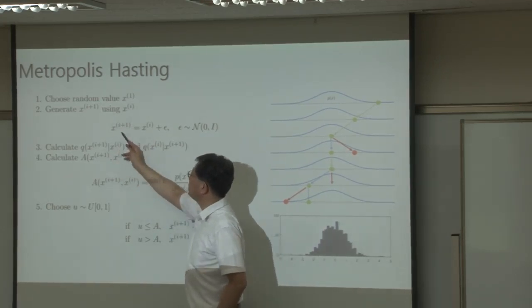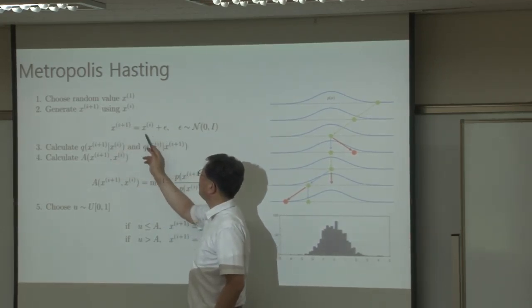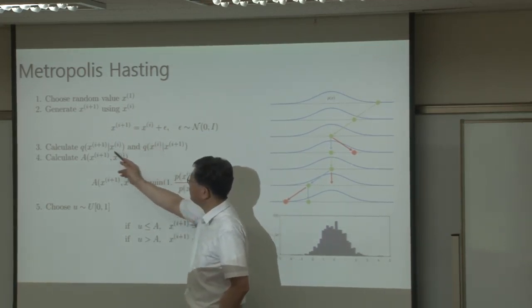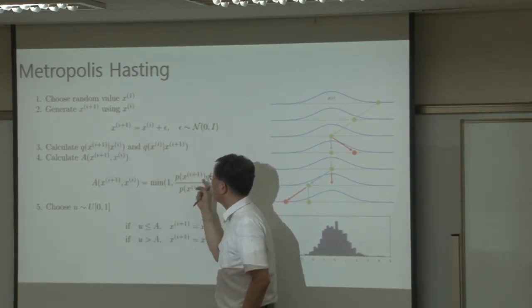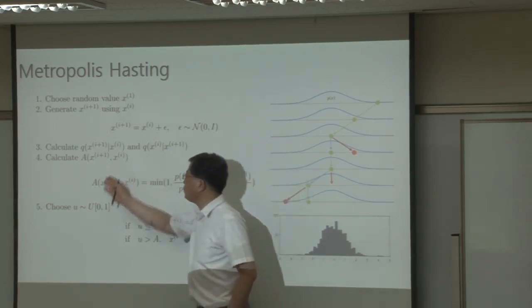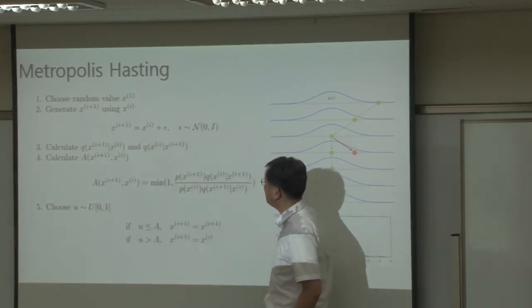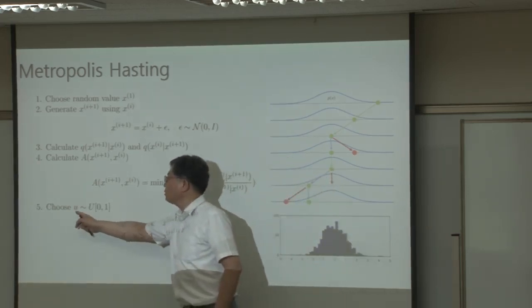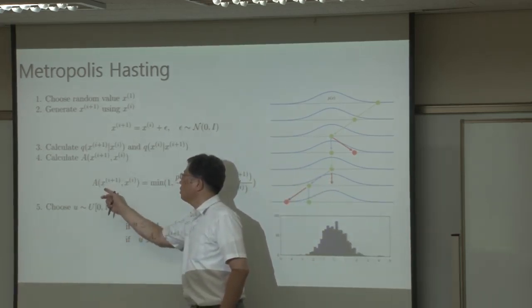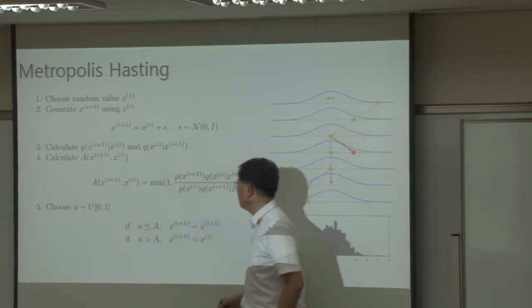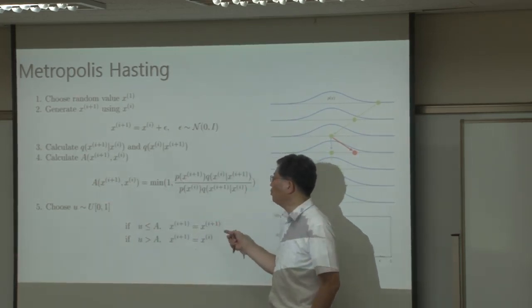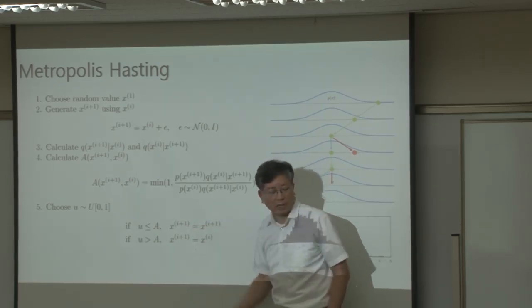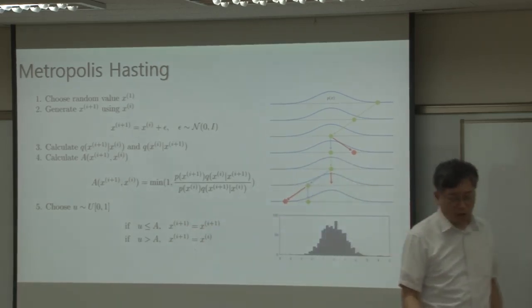You also use this to calculate your xi's, that probability. And then you calculate your A based on this. And you sample U again and compare it with this A value. And if U is less than A, then you accept. Otherwise, you stay where you are.